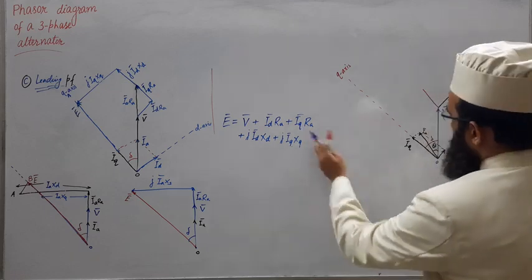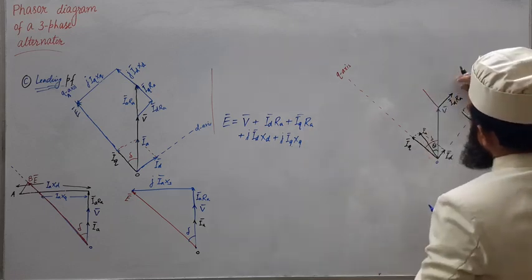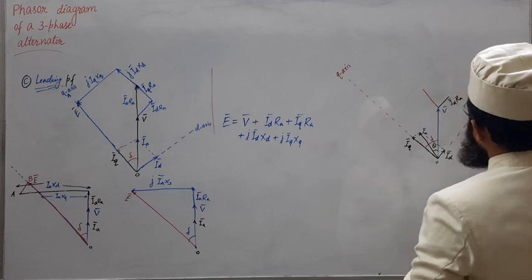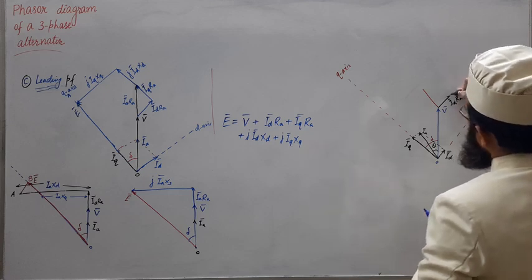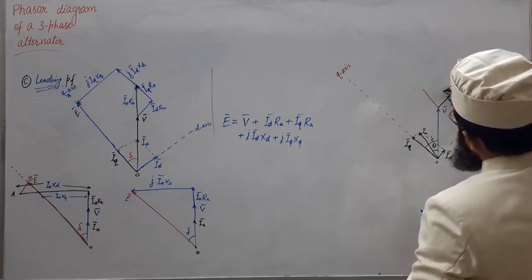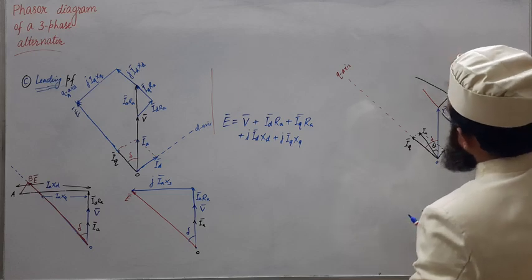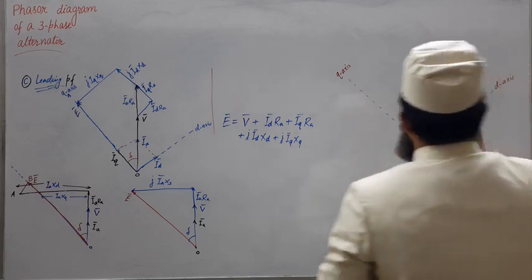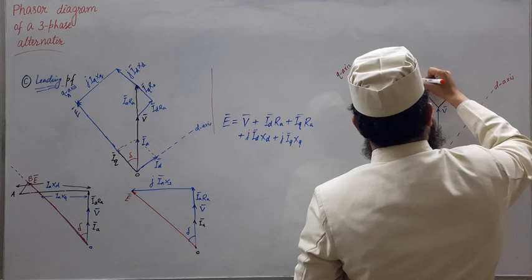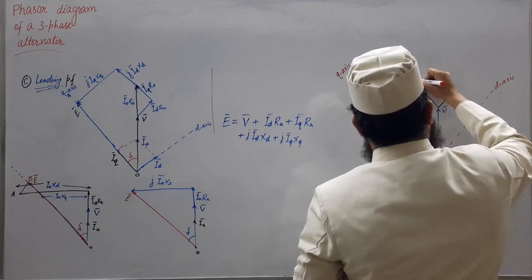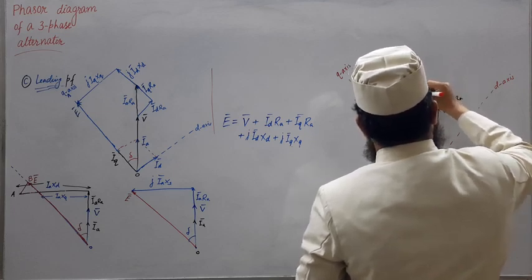So what about IQ? IQ RA will be along IQ. So this drop will be, okay, just mark, parallel to this, so that the resultant will be the IA RA drop.